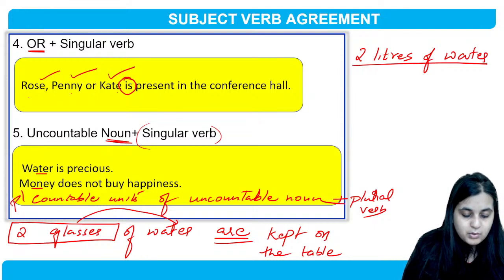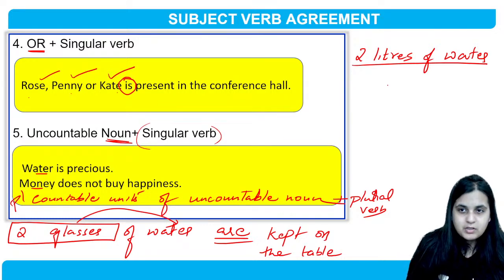Two liters of water. Will you say 'two liters of water is enough' or 'two liters of water are enough'? What will you say?